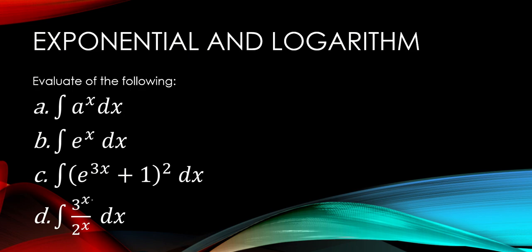Okay, so let's have the last example. Example letter D, the integral of 3 raised to x over 2 raised to x dx. Okay, so let's write it. This is example letter D. So example letter D is the integral of 3 raised to x over 2 raised to x dx.